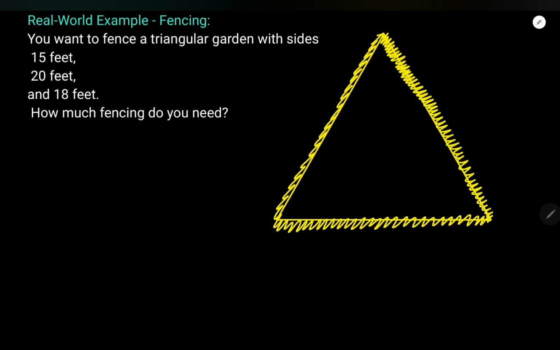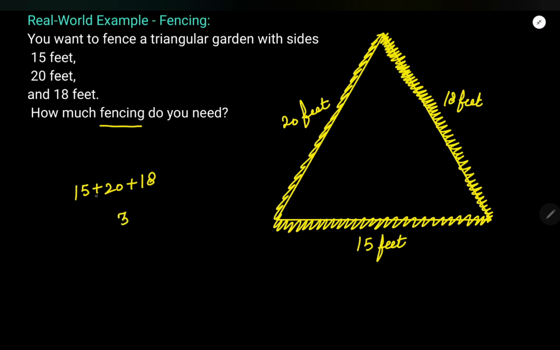One is 15 feet, this side is 20 feet, and this side is 18 feet. So how much fencing do you need? You will just add it, 15 plus 20 plus 18. That's 53 feet of fencing you need, right?